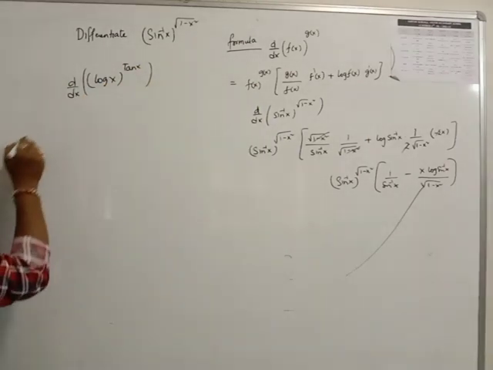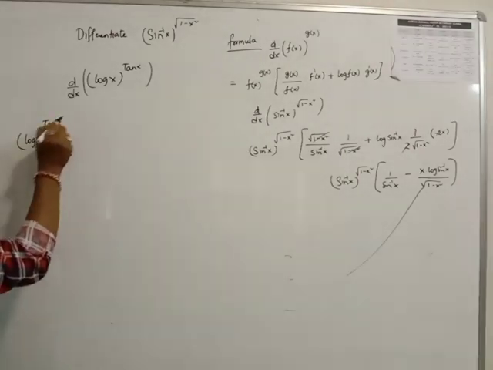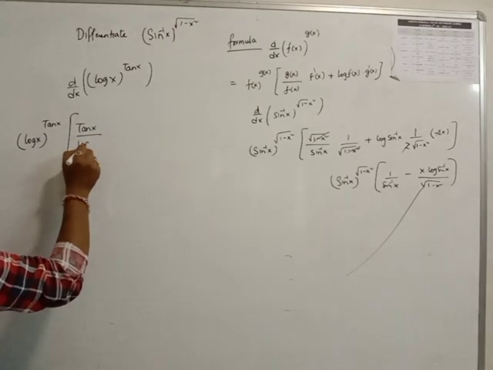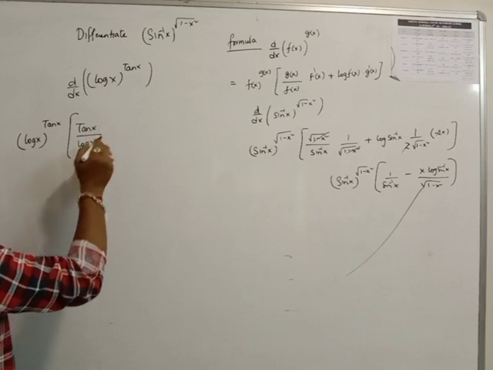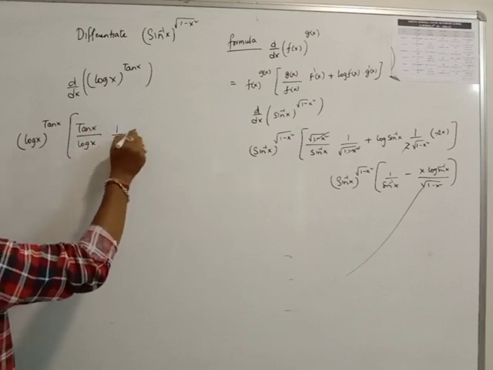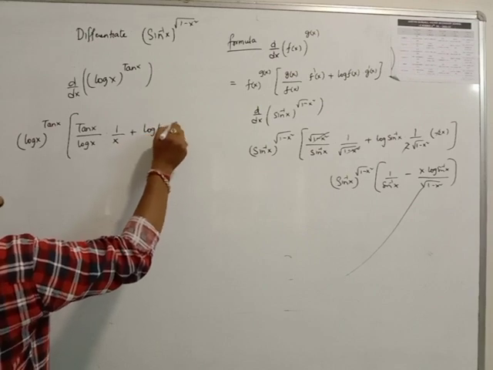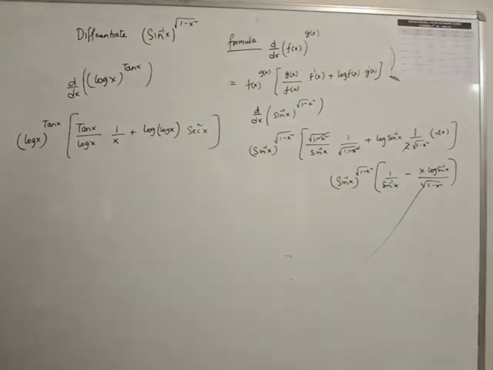How can you do it? First, write down the question, log x to the power of tan x. Again, tan x by log x. Again, log x in the denominator only you need to do. The derivative of log x is 1 by x. Plus apply the log to the denominator, log of log x. Again, the numerator formula, that is secant square x. This is the answer. You can write this directly. You can take any problem and do this method only.